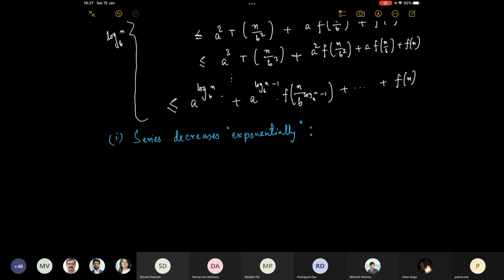That means every term is a constant factor smaller than the previous term.